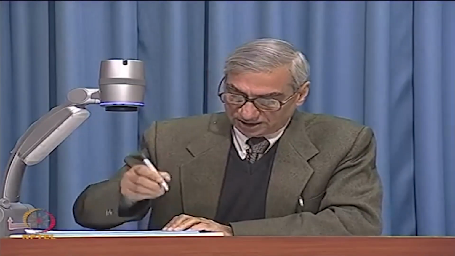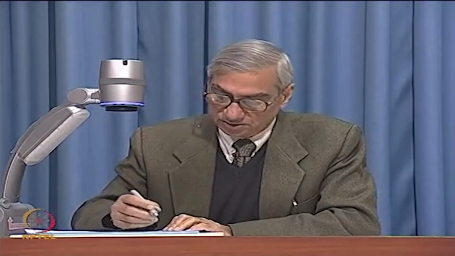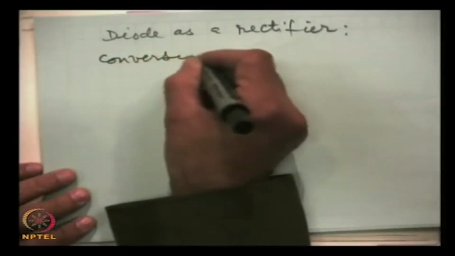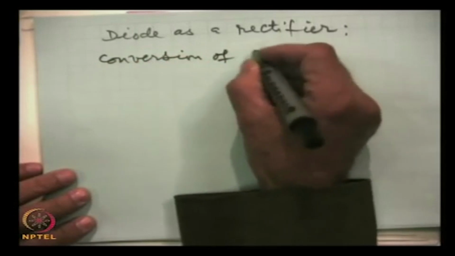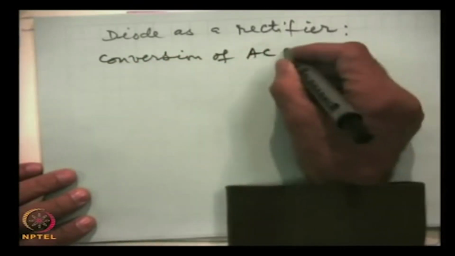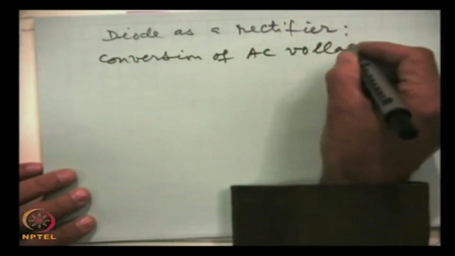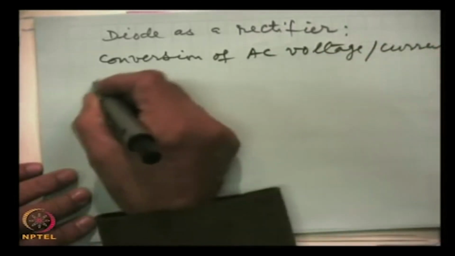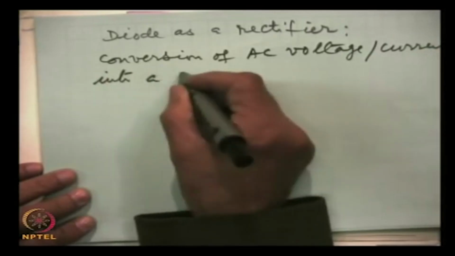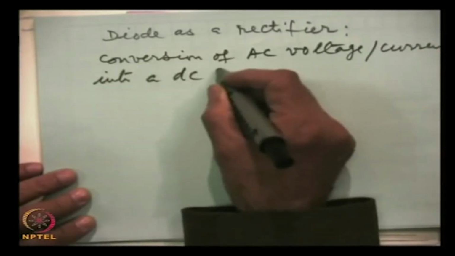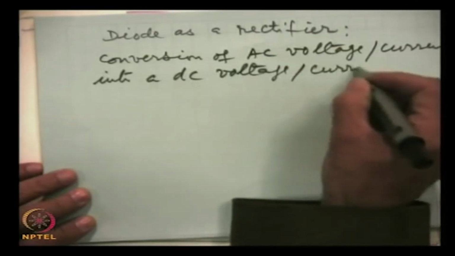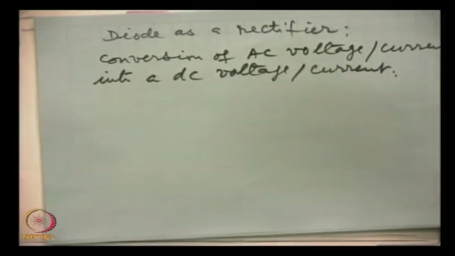So, rectification is the process of conversion of AC voltage or current into a DC voltage or current. This is the process of rectification.